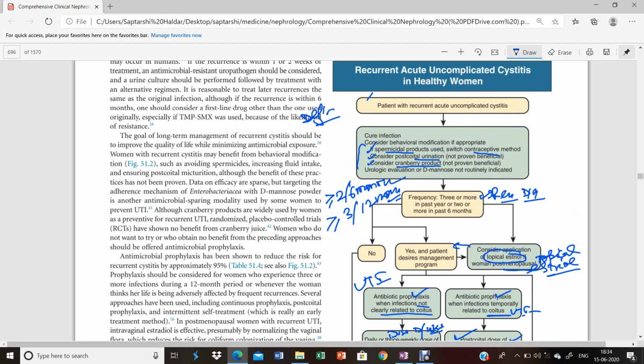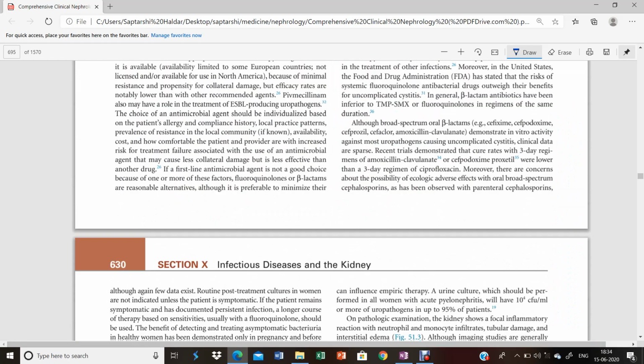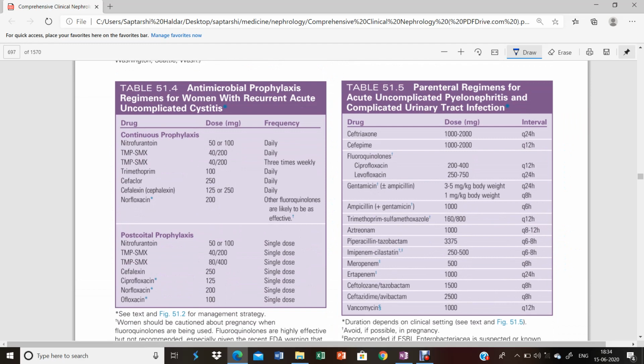What are the drugs? I will now discuss the drugs included in prophylaxis. For nitrofurantoin, it is only 50 OD or 100 OD, postcoital or daily. For trimethoprim-sulfamethoxazole, it is 40 by 200 OD. For norfloxacin, it is 200, but it is avoided in pregnancy or childbearing age.